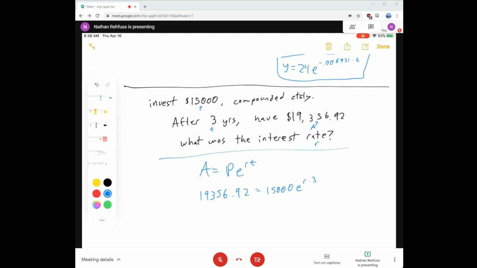Since it's the only thing left that isn't known in this equation, we can solve for it and find its value. Again, just like socks and shoes, I want to undo the last thing that was done, so I'm going to divide both sides by 15,000.